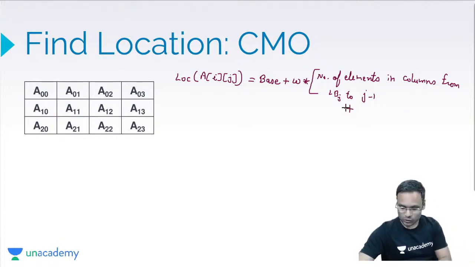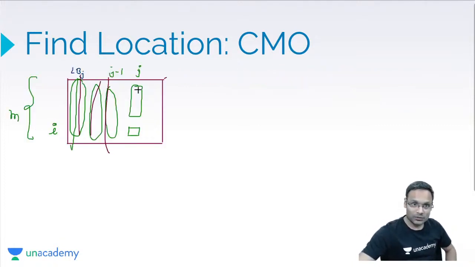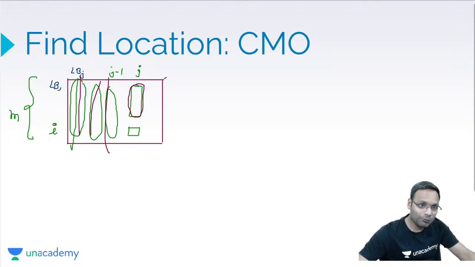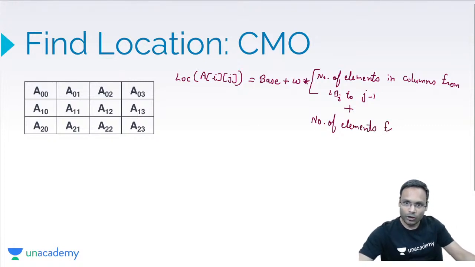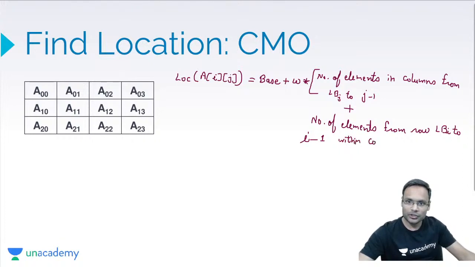After that, when you will store all the columns, within the jth column, from here to here, how many elements? That depends on the lower bound of rows I. So I am writing plus number of elements from row LB of I to I minus 1 within column j.